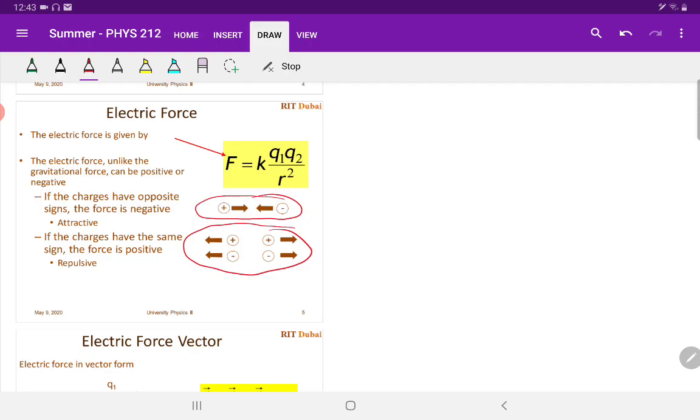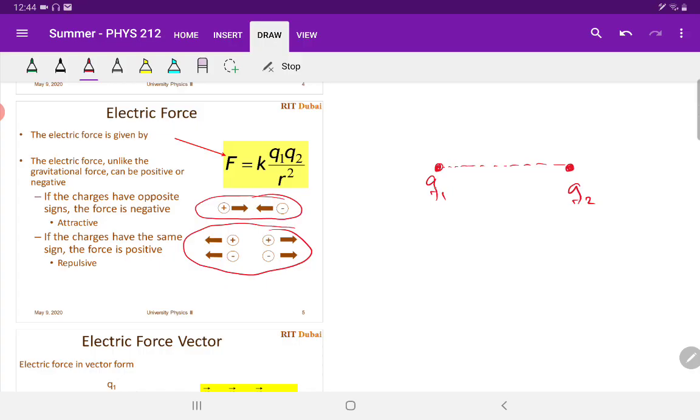Now, the question is, how can we describe this? It's very straightforward, very simple. If I have Q1 and I have Q2, the force that these two charges will feel from each other will always be parallel to the line that is connecting these two point charges.